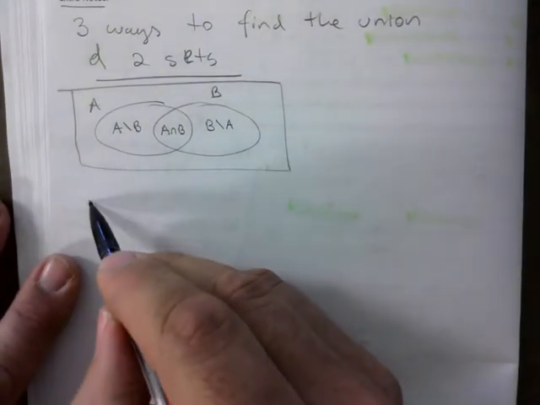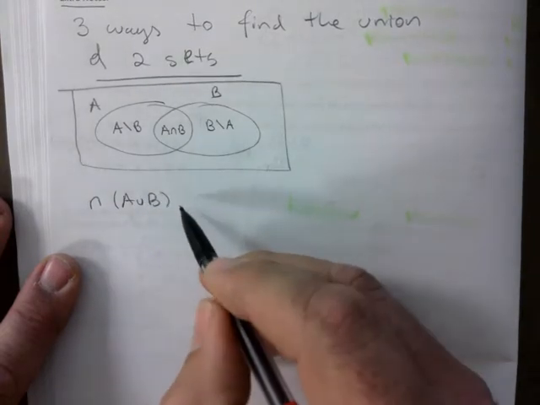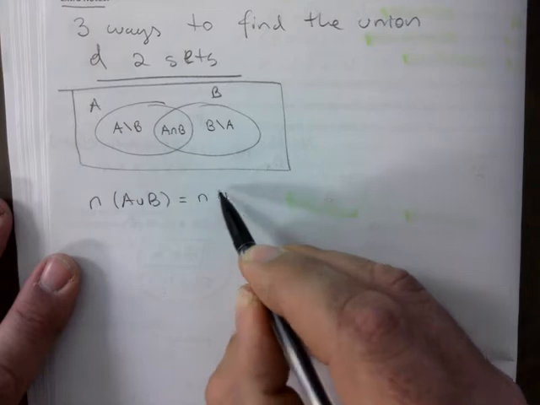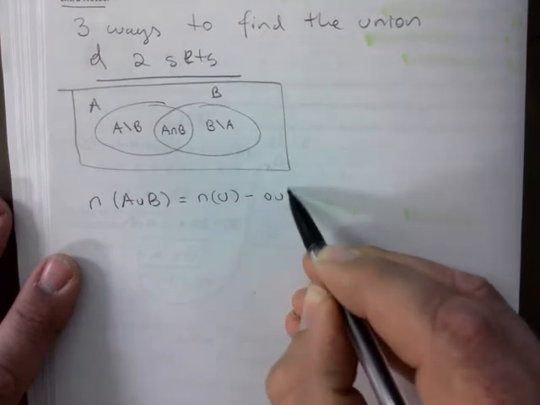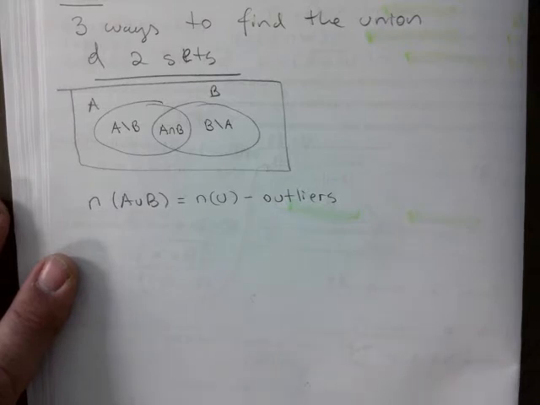So here are the 3 ways. The first one, most popular, number 1 in the charts, would be universal, take away outliers. You get the union, right?